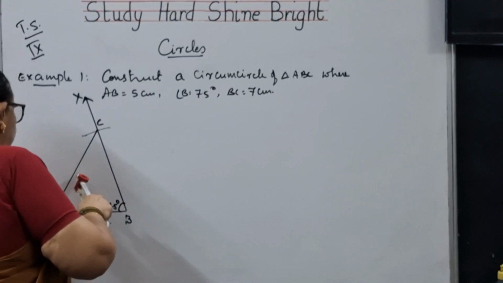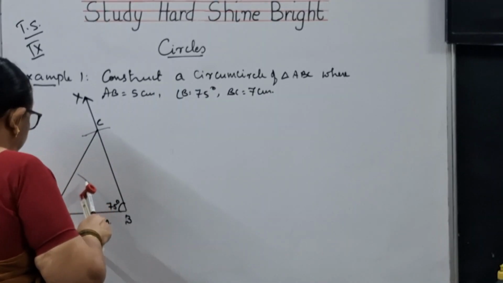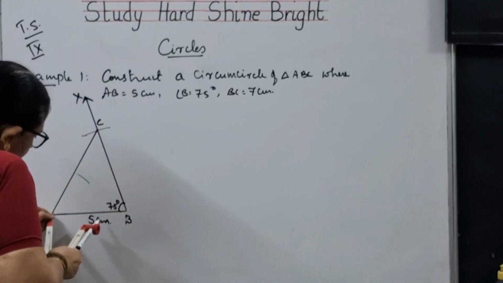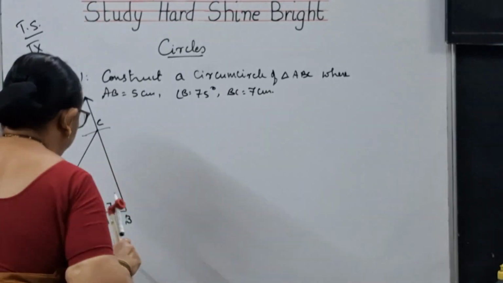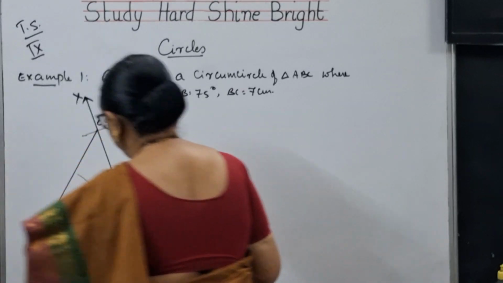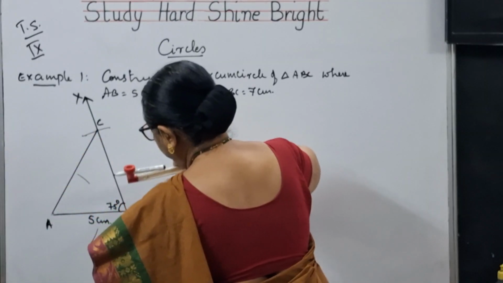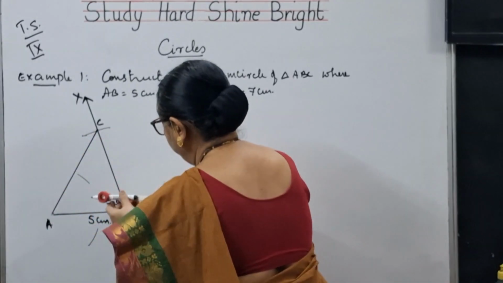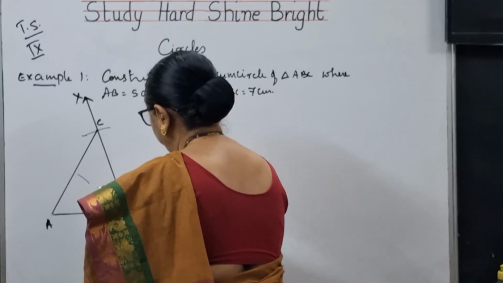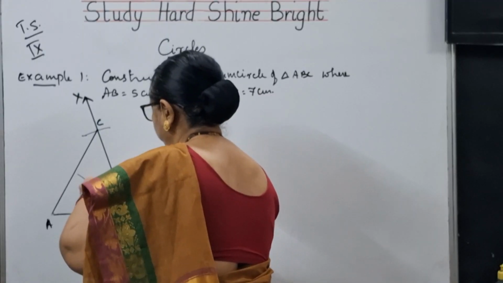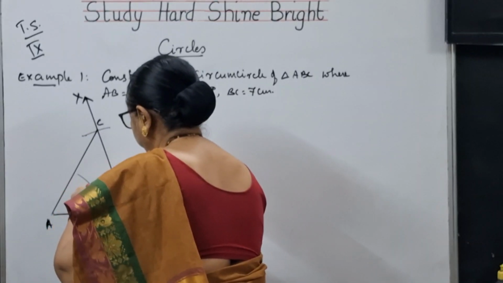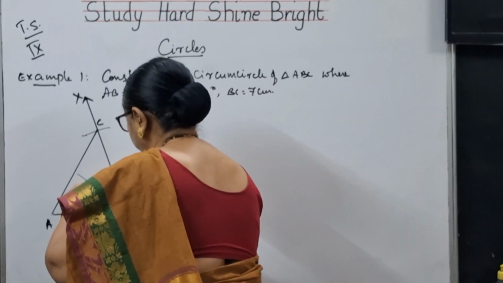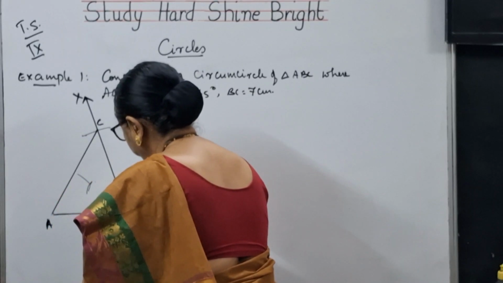You have to draw one arc on one side and another arc on another side. Similarly, without disturbing it, with B as a center, you must draw another arc. Of course, if this arc is not intersecting, you have to extend the previous arc.